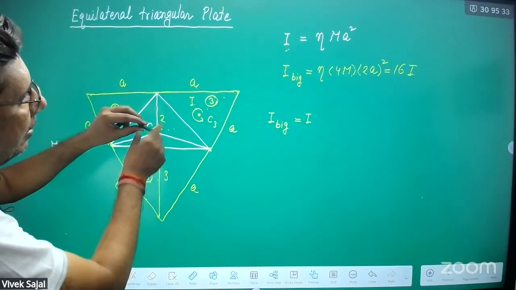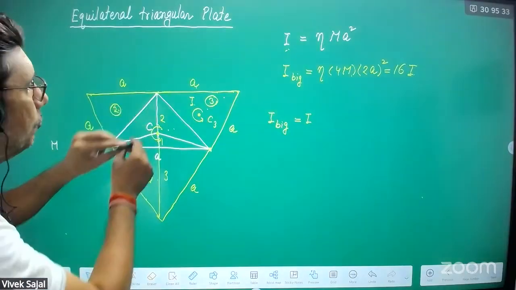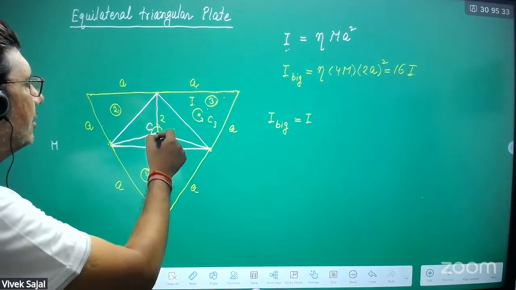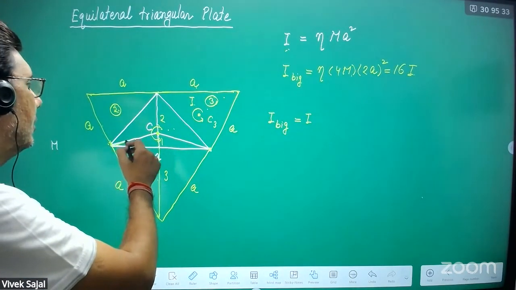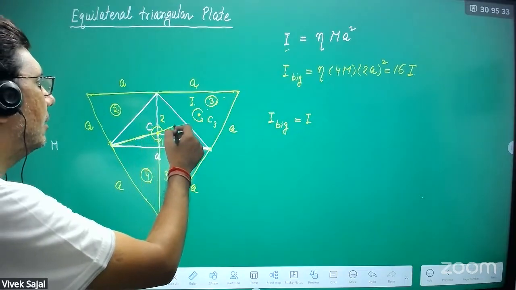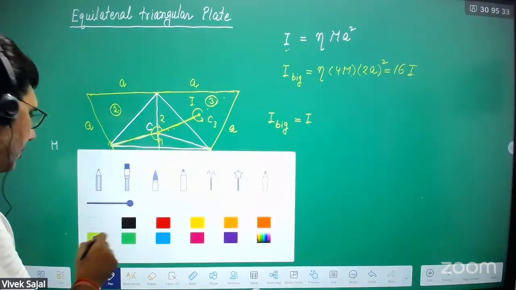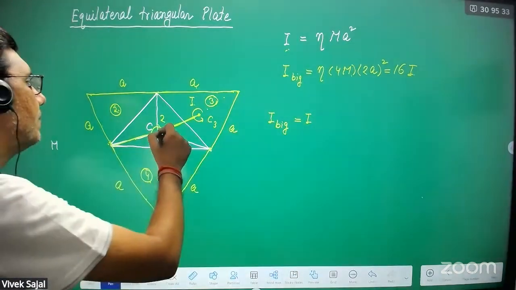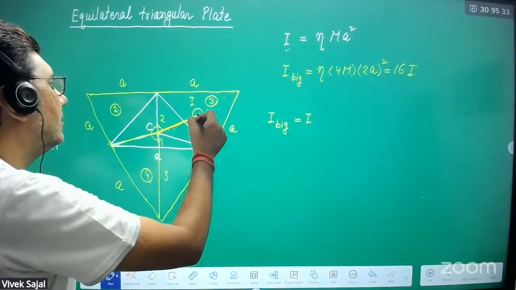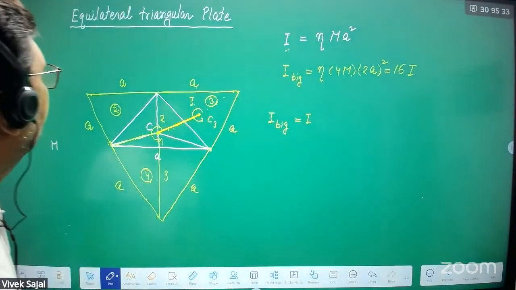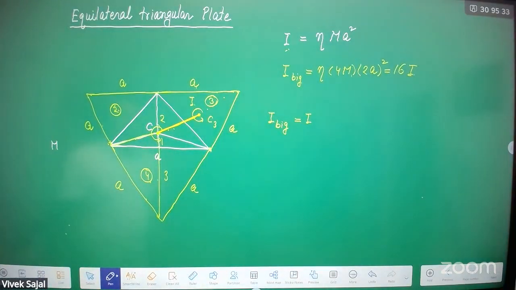Now what will be the moment of inertia of this number 3 equilateral triangle if you are rotating it about this? So use the parallel axis theorem, find out this distance. तो ये जो डिस्टेंस है ना, यहाँ से लेके यहाँ तक, मुझे ये डिस्टेंस चाहिए. I need this distance. ये डिस्टेंस कितना होगा बेटा? You are going to tell me.